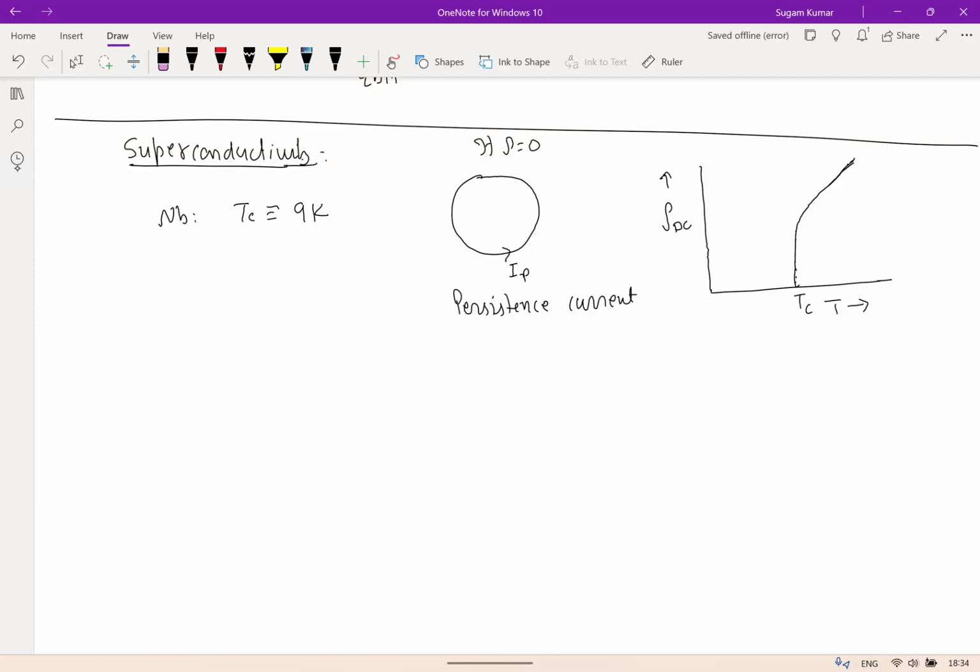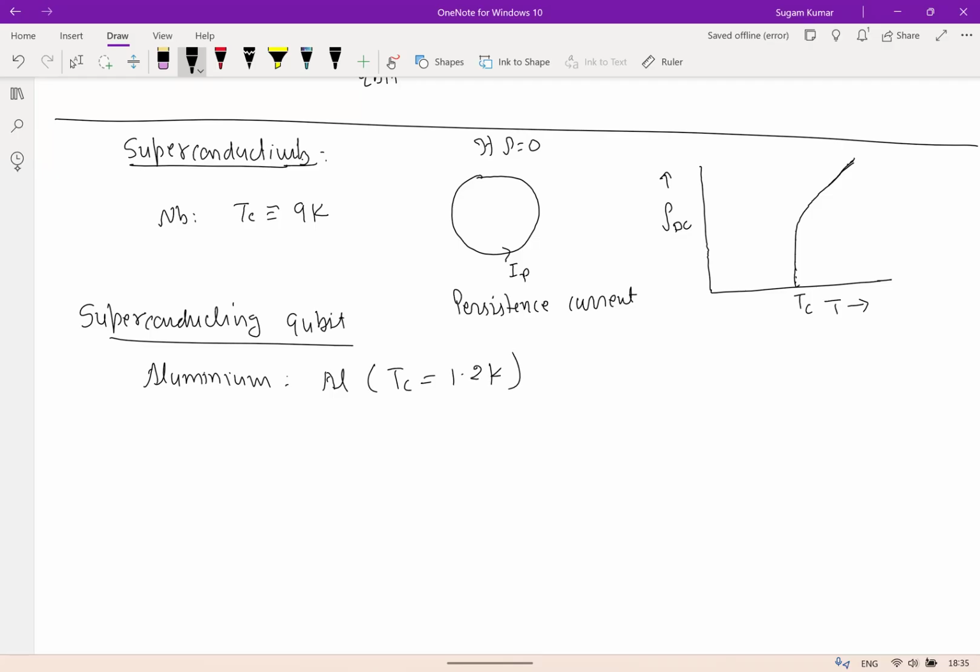So in superconducting qubits, we generally use aluminum. The aluminum Tc is 1.2 Kelvin. The majority of metals show this property, and one of them is aluminum.